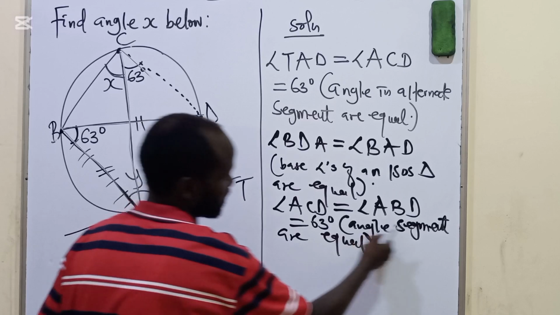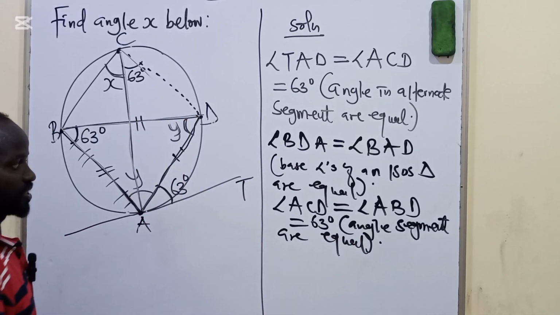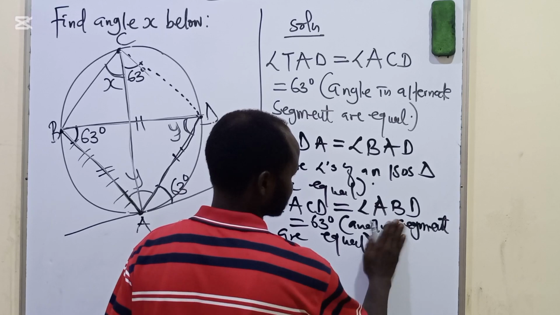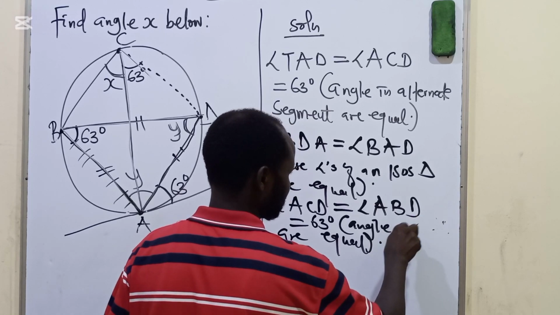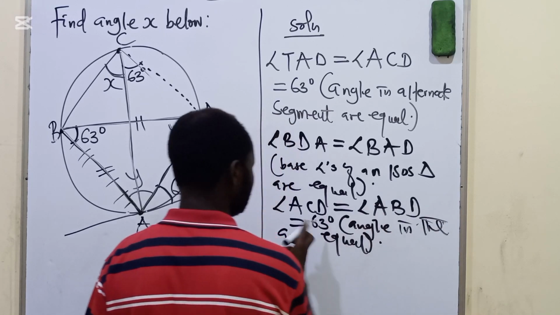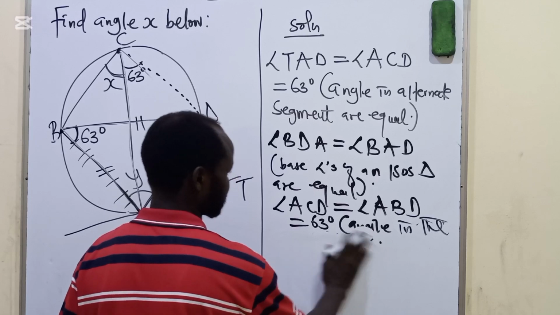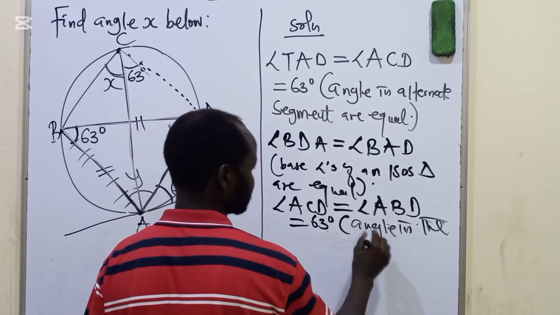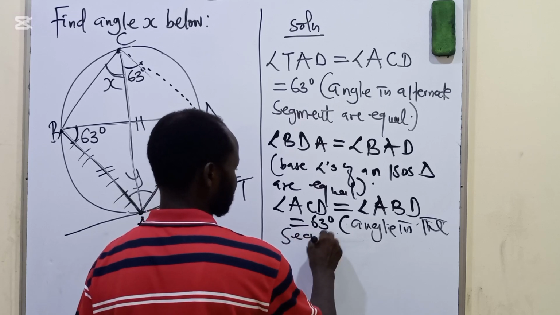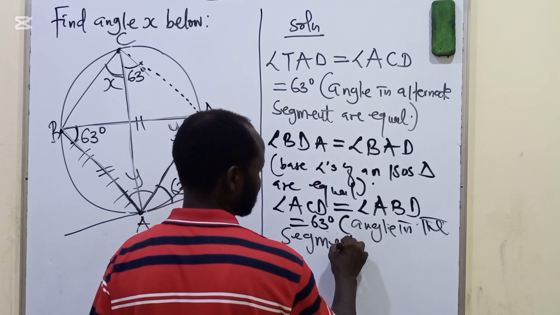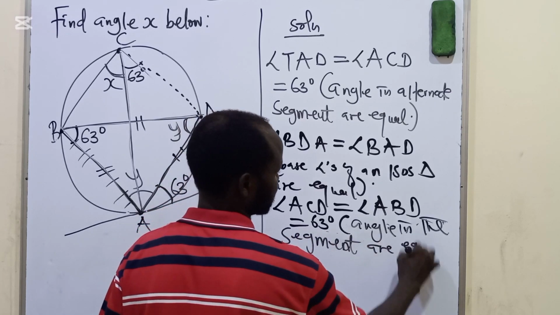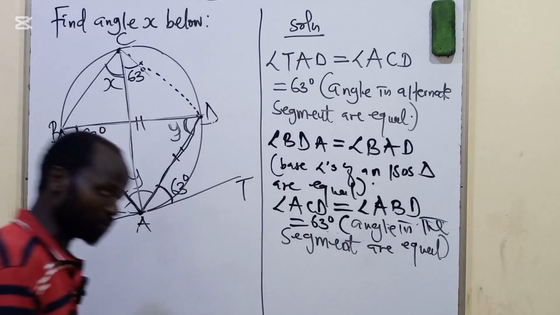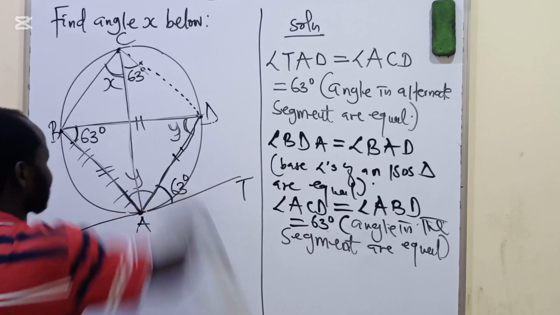That is why we say angles in the same segment are equal. That's the reason. Or we can say a triangle from the same chord will form the same angle at the circumference.